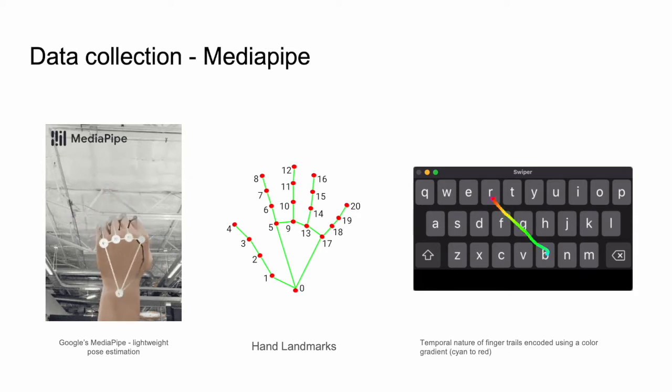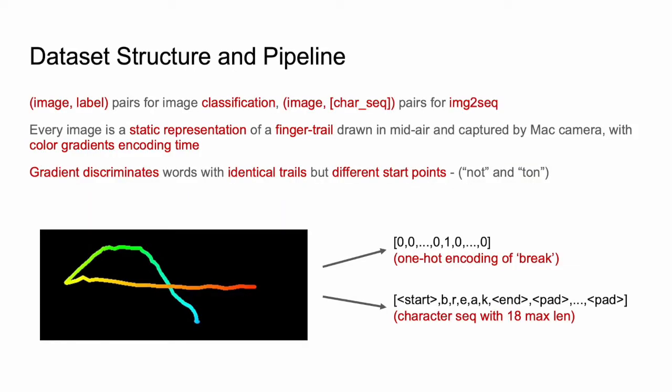Using this pipeline, we create a dataset of image-label pairs for image classification and image-character sequence pairs for our image-to-sequence model. Every image is a static representation of a finger trail that was drawn in midair and captured by our laptop's camera. It's important to note that while generating finger trails, we use color to encode the temporal nature of finger movement.